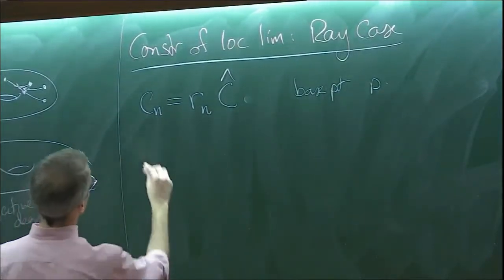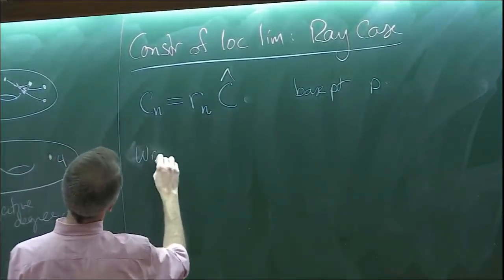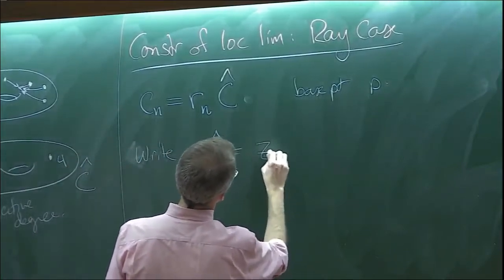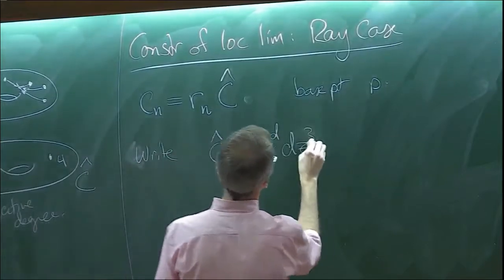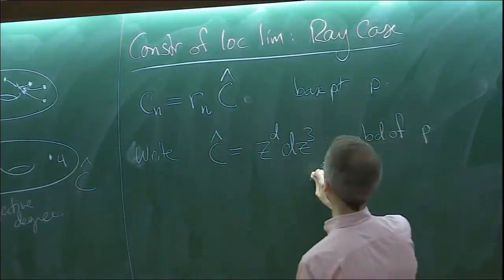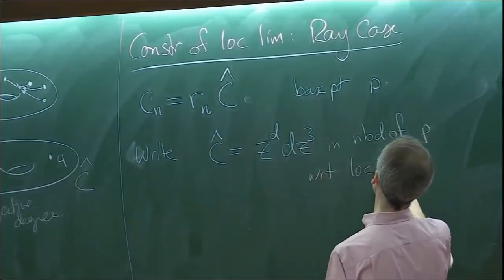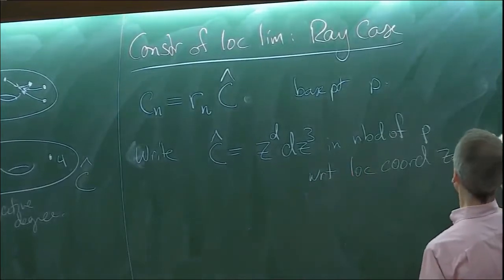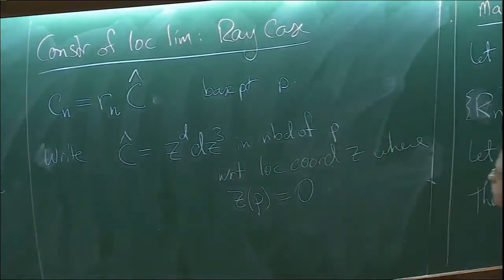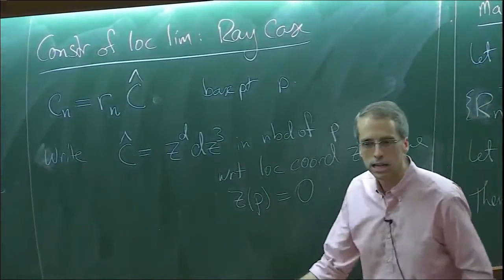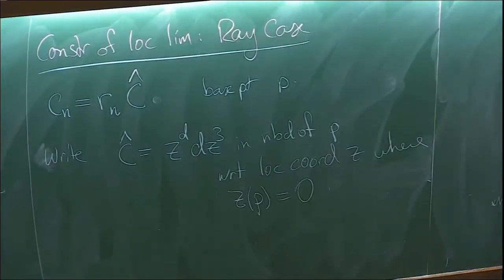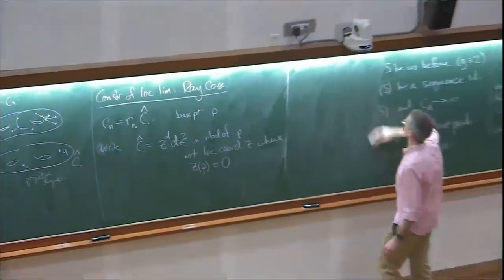So something you can always do is write C hat as z to the d dz cubed in some neighborhood of P with respect to a local coordinate z, where in that coordinate P corresponds to the origin. Okay, so you can always do that. Just express C locally in a coordinate adapted to its order of vanishing at the point.